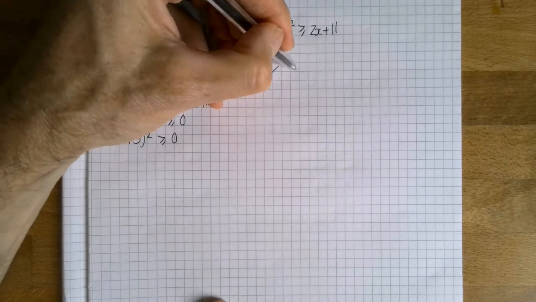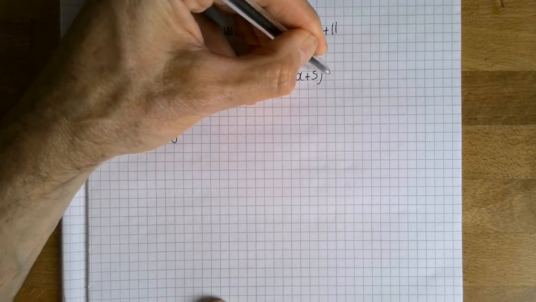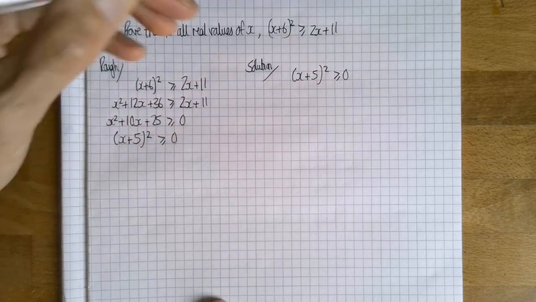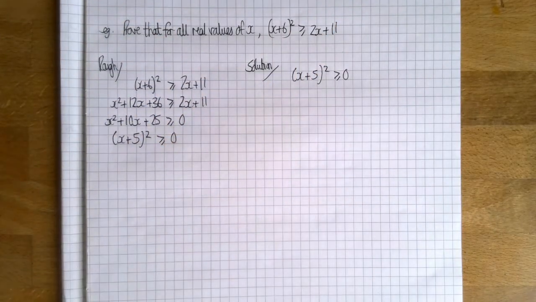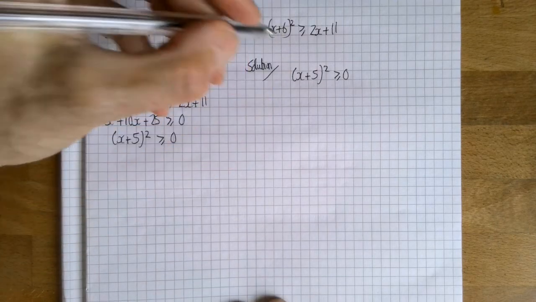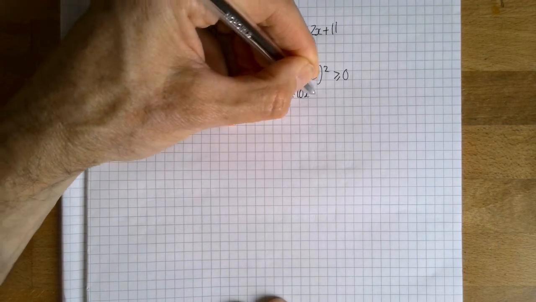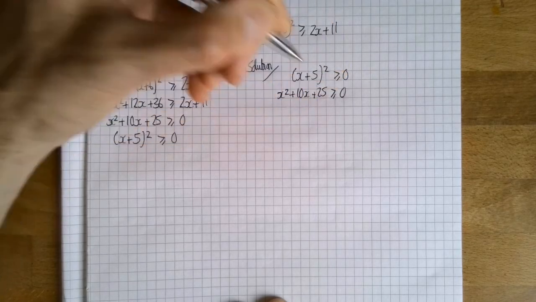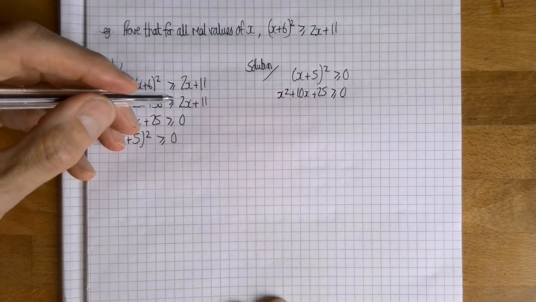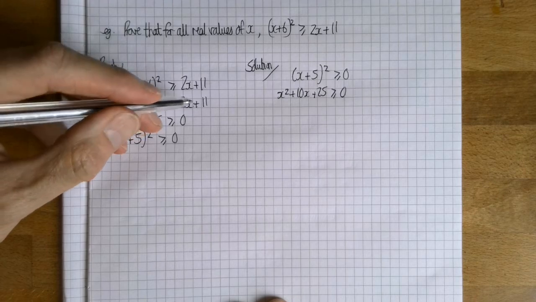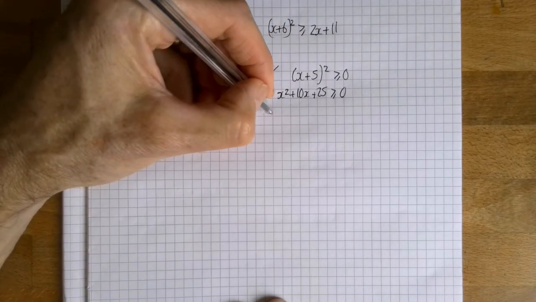I'm going to start here. Doesn't really need any explanation. I know that that's going to be true. So you then just run that in reverse. So expanding the brackets gives me this. You then add 2x to both sides and add 11 to both sides.